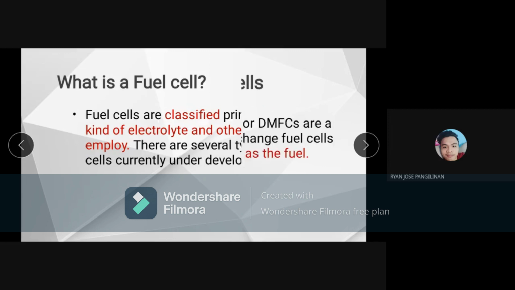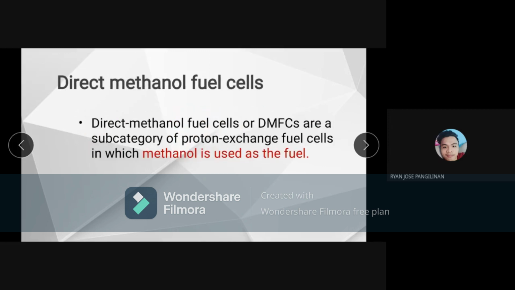Here is the first example, the direct methanol fuel cells. Direct methanol fuel cells, or DMFCs, are a subcategory of proton exchange fuel cells in which methanol is used as the fuel.